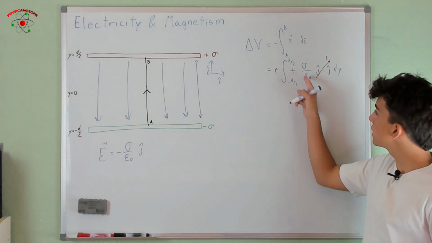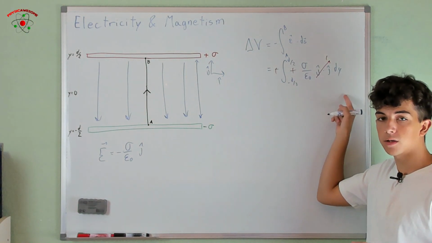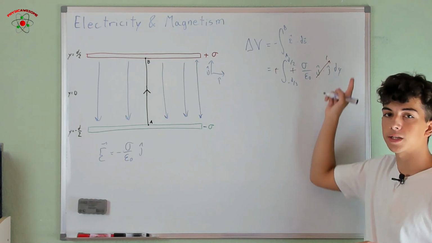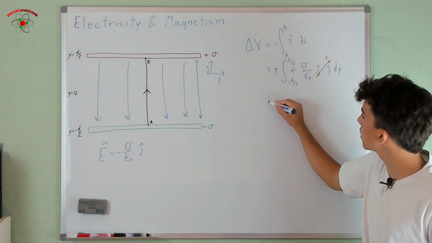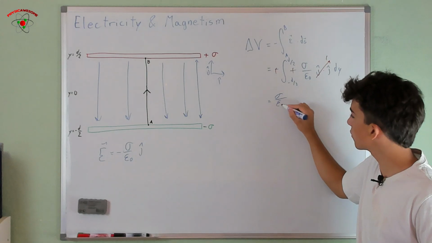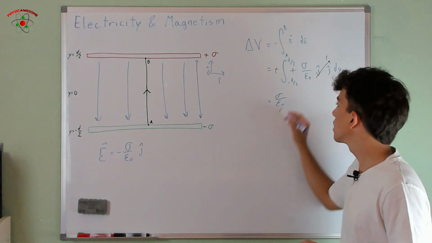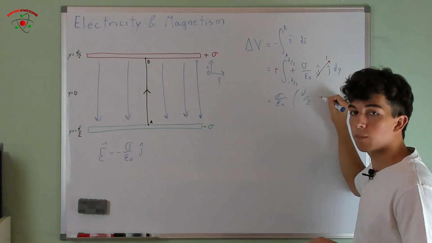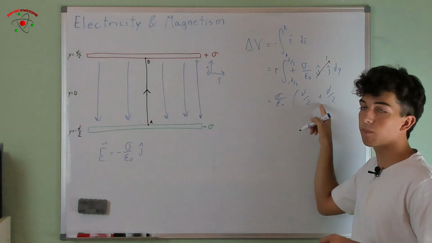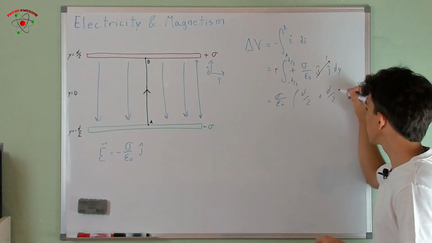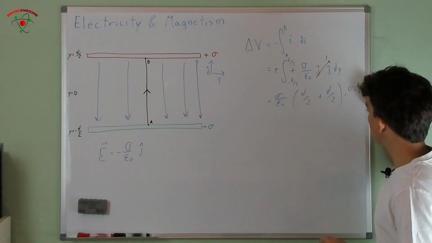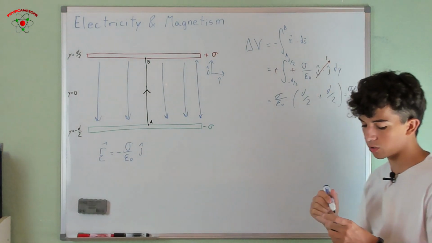We see that this is a constant term under the change of y, so we can just take that out of the integral, and we are left with sigma over epsilon naught, and we're going to have a d over 2 plus a d over 2, which is sigma d over epsilon naught.